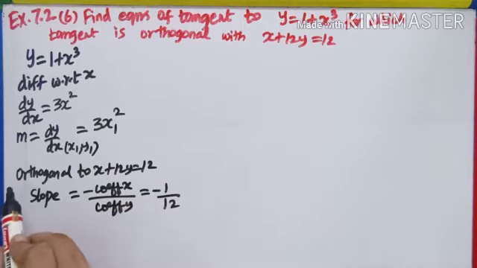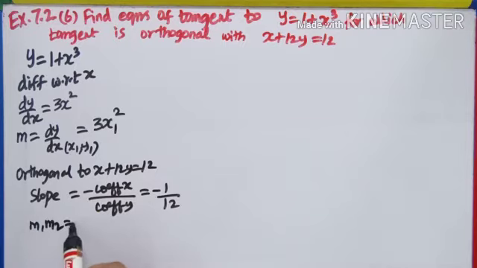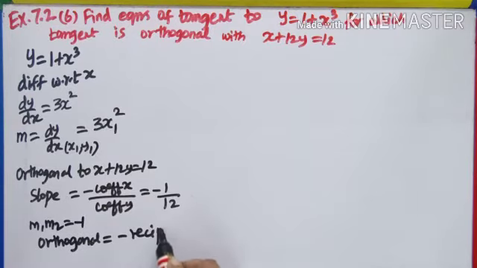But now the word orthogonal tells me m1 m2 equals minus 1, or orthogonal slope is minus reciprocal. So whenever I say the word perpendicular or at right angles or orthogonal, they are all one and the same, which tells me the slope is minus reciprocal.